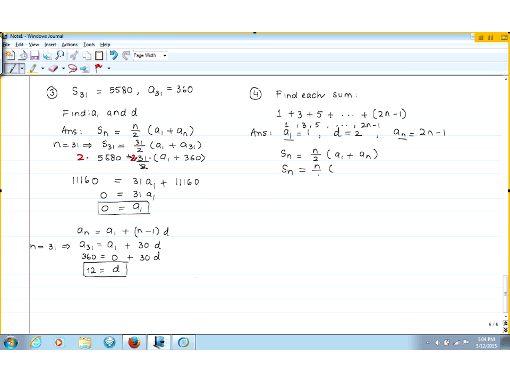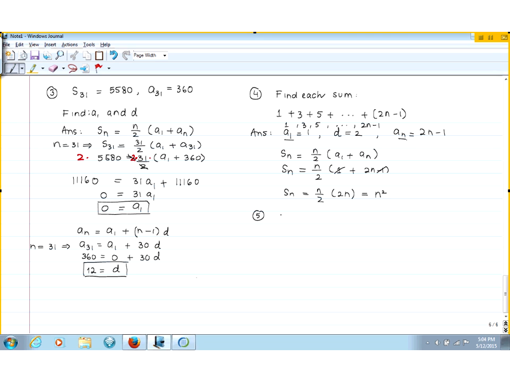So the sum is n over 2 times (1 plus 2n minus 1). So the 1s cancel, and Sn is n over 2 times 2n. So this is equal to n squared.